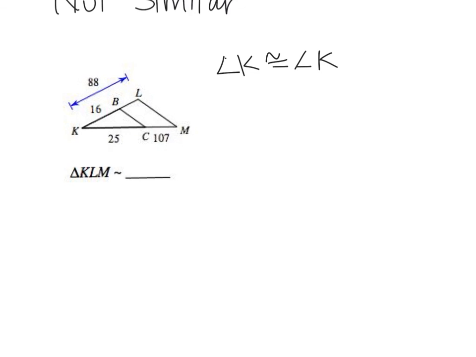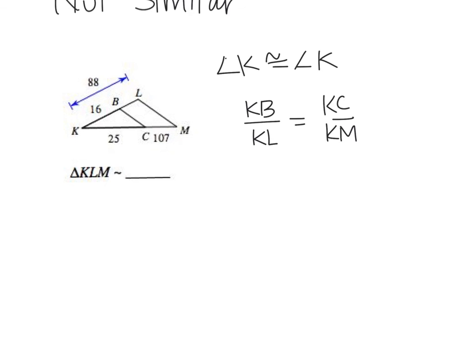So we have our congruent angle. Now we just need to see if we have proportional sides. So KB corresponds to KL, and KC corresponds to KM. So if the proportion is the same, then we're going to have similar triangles.